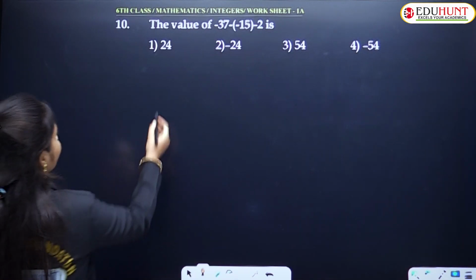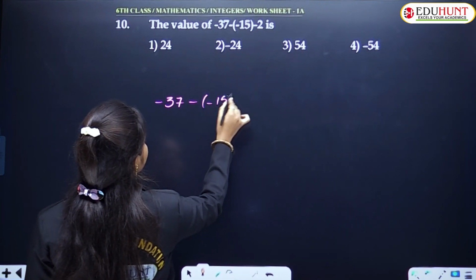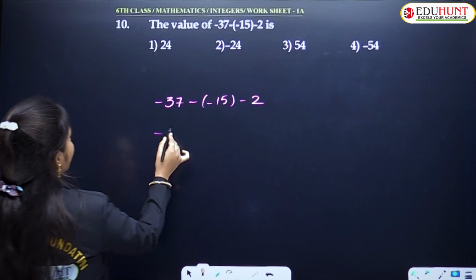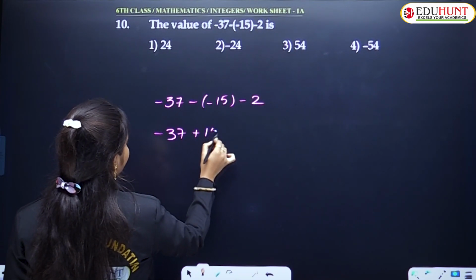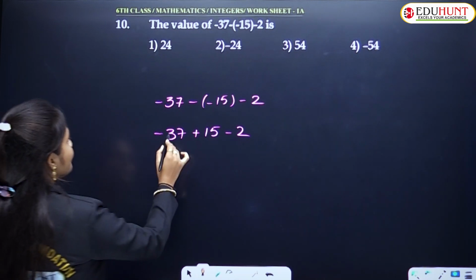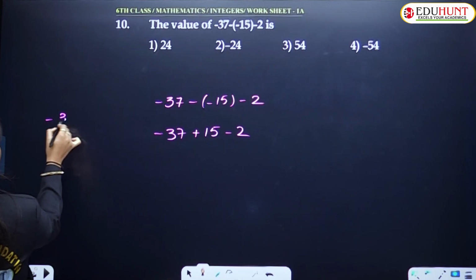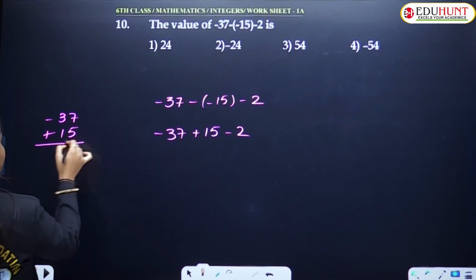The value of minus 37, minus of minus 15, minus 2. See here, minus 37, and here minus into minus is a plus 15, minus 2. Minus 37 plus 15, we have to take this as a difference.